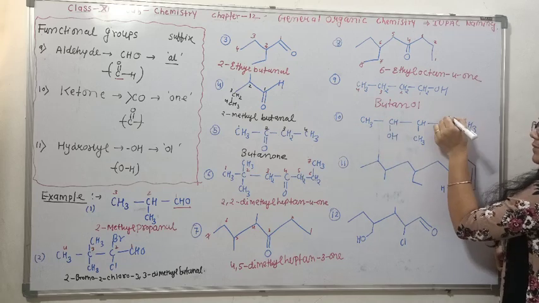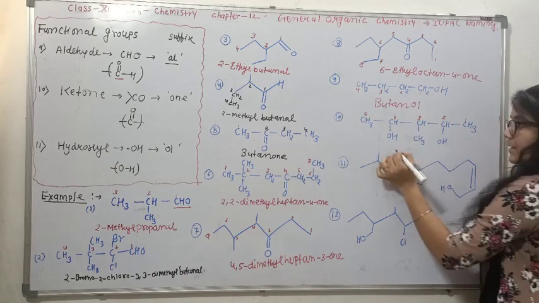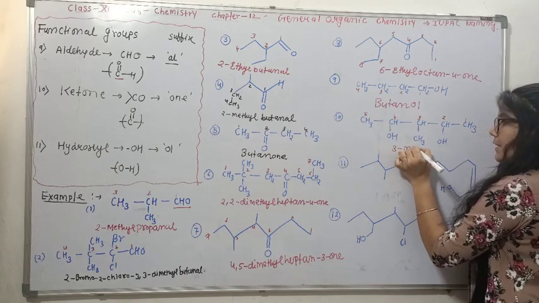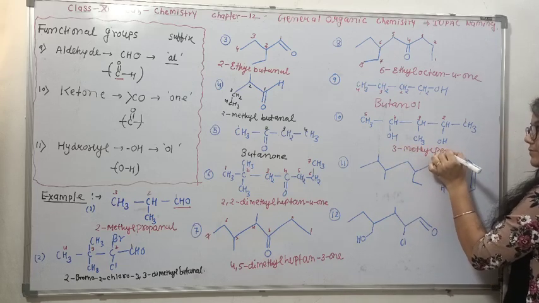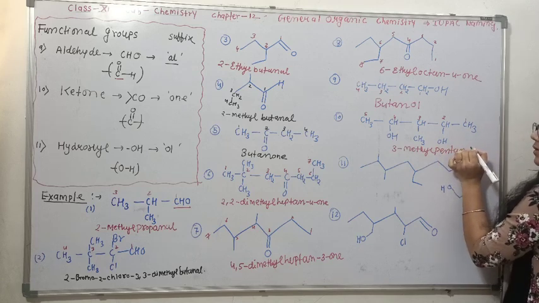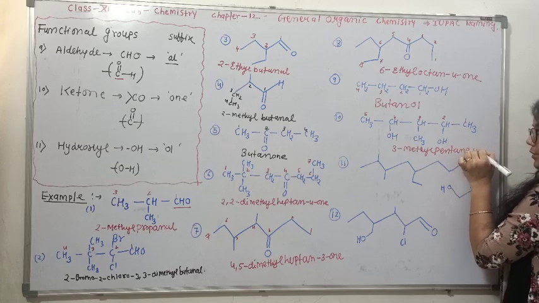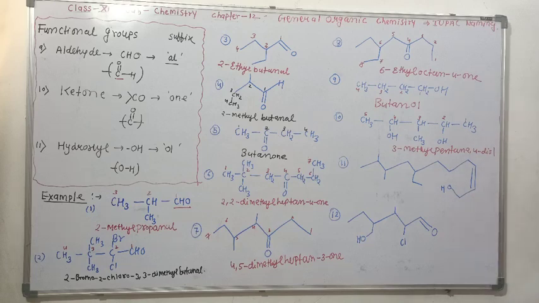We can go from anywhere. So that is 3-methyl. How many carbons? 5. That's pentane. On which positions? 2 and 4. Diol. 3-methyl pentane 2,4-diol.